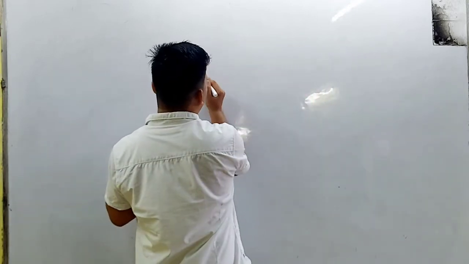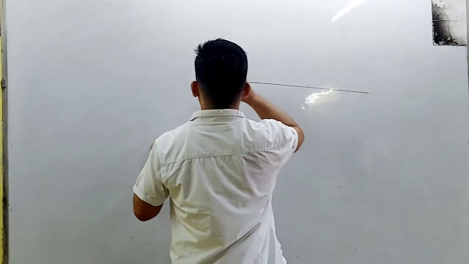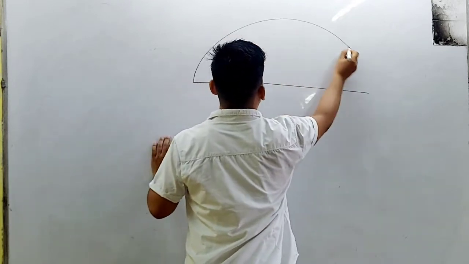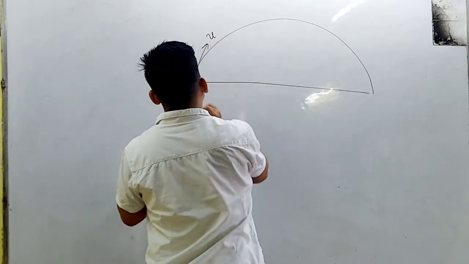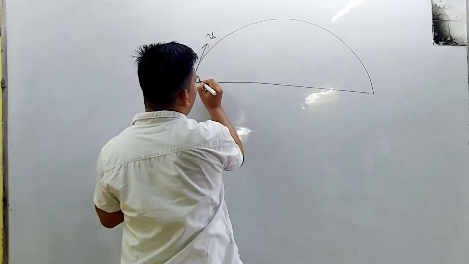It is a 2 dimension projectile. This is the initial velocity u, this is theta.